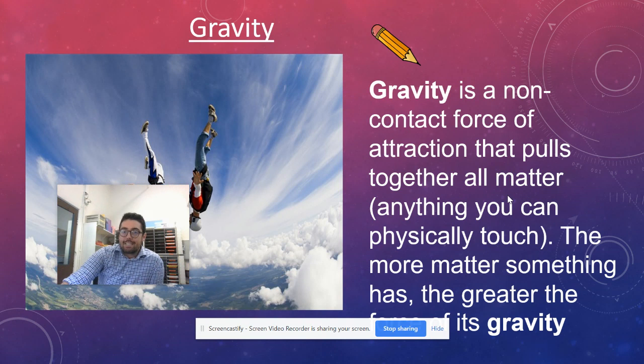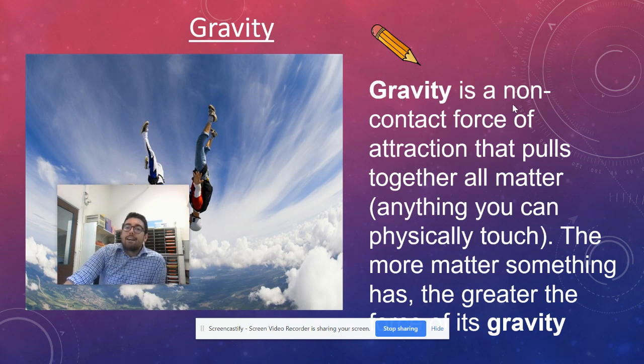Anything that you can physically touch has matter. Now, that includes things like the wind or air. Although it might not seem like you can touch it, you can. Okay, if someone gets a book or a piece of paper and fans it, you can feel that air. So it is something you can physically touch or feel. Okay, the more matter something has, the greater the force of its gravity.